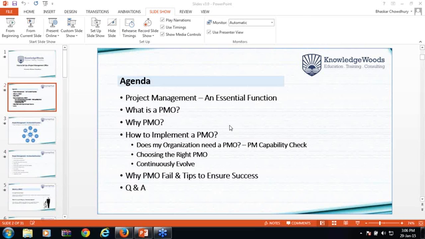Our guest speaker today is Bhaskar Dev Chaudhary. He is a project management consultant at Knowledge Woods. Bhaskar is a seasoned project management savvy having 10 years plus experience, and is there to help execute the strategic technical plan for organizations' educational and consulting assignments.